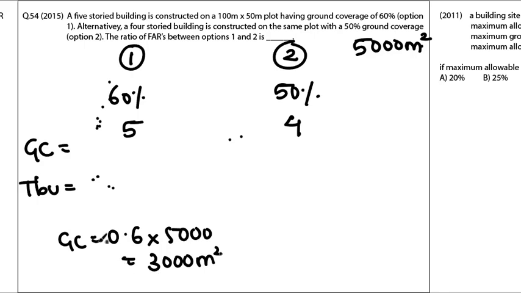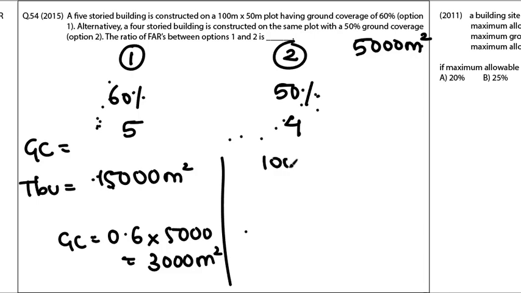And total built up area will be ground coverage into number of floors, that is 5. So 3000 into 5 is 15,000 meters square. In this case 50% is the ground coverage. So 50% of 5,000 is 2,500. Half of that. So 2,500 into 4 will be 10,000 meters square.